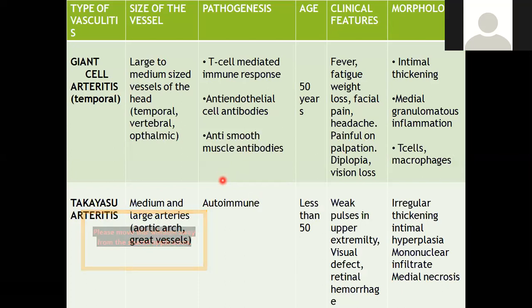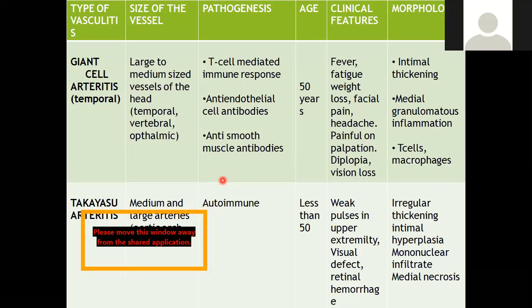And you already know the classification, that which vasculitis comes under the category of large vessel, which under medium vessel, and which under small vessel. So, we will discuss these commoner types of vasculitis one by one.